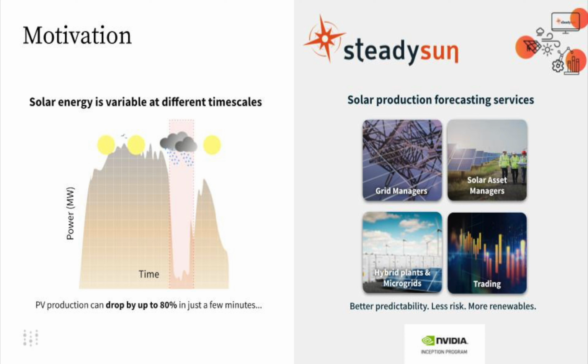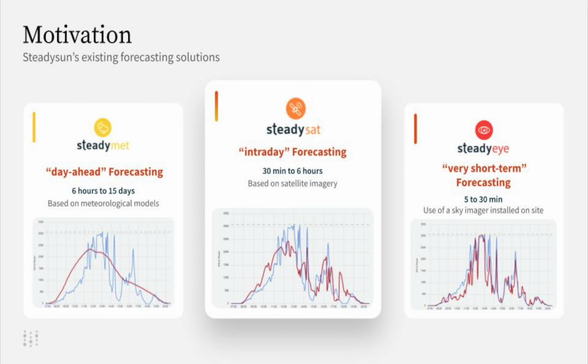So this behavior heavily impacts the whole value chain and the global stability of the power grid. It affects, in turn, all the actors down the line, such as grid operators, power plant managers, microgrid systems, such as insular systems, and energy trading actors as well.